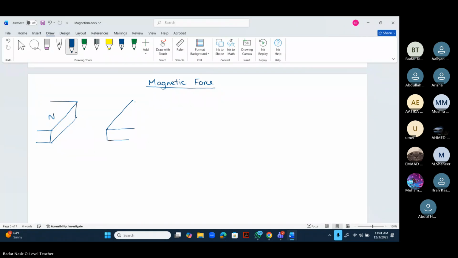And we have a south pole. Okay. So let's say we place a conductor between these magnetic poles. So we have this conductor which is placed between the magnetic poles. And what we do, we connect it to a battery.